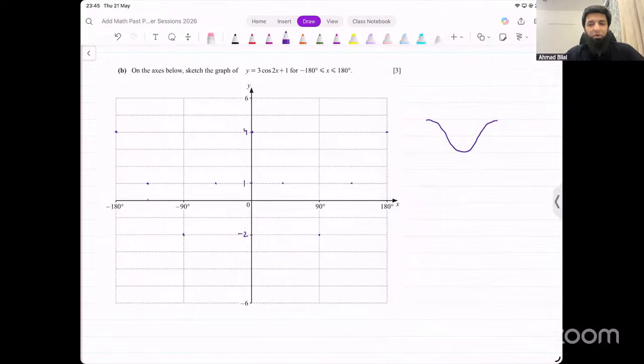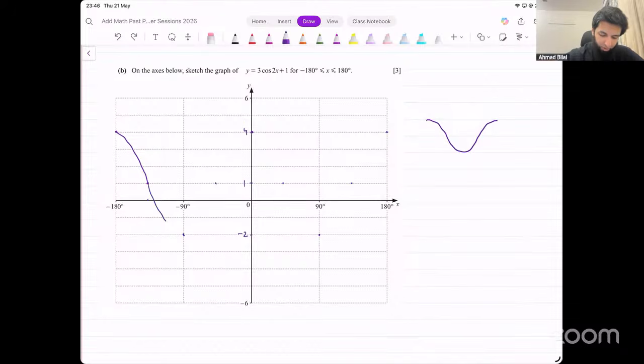Now, what shape do you draw through those points? The standard cos shape, or sometimes a reflection in the x-axis. Sometimes you can get this shape as well if there was a minus multiplying outside. Just draw that shape now. So the graph is going to look like this. It will be in this direction first. Then it will change direction here, go in the other direction like this.